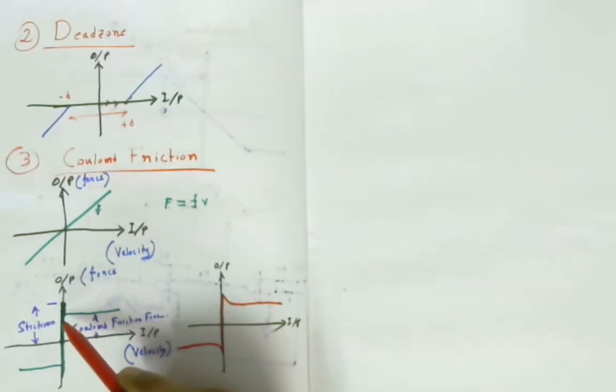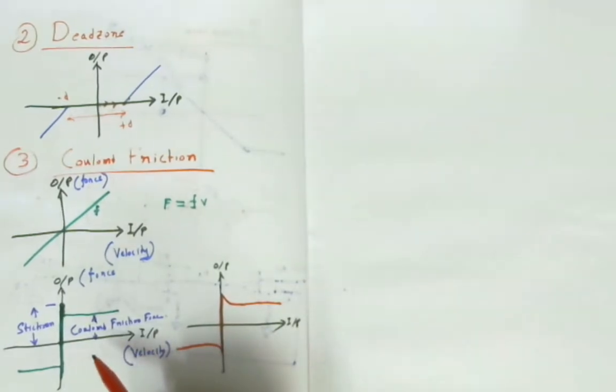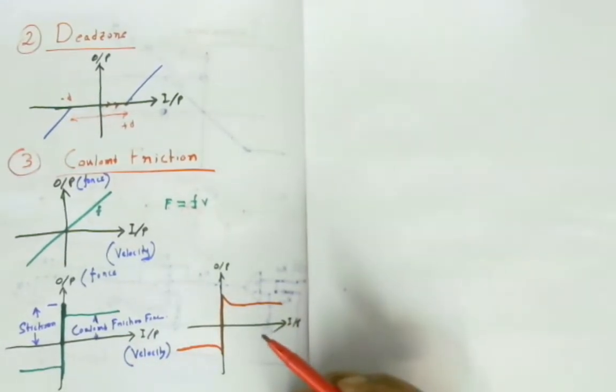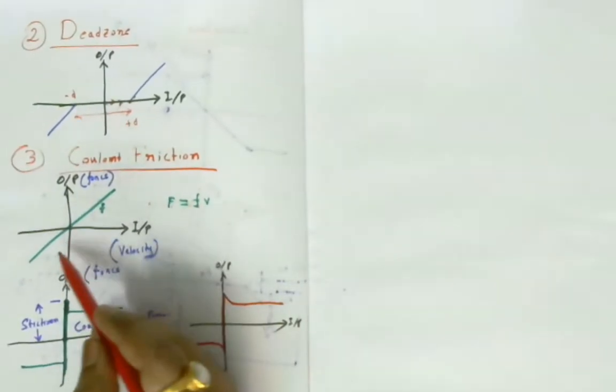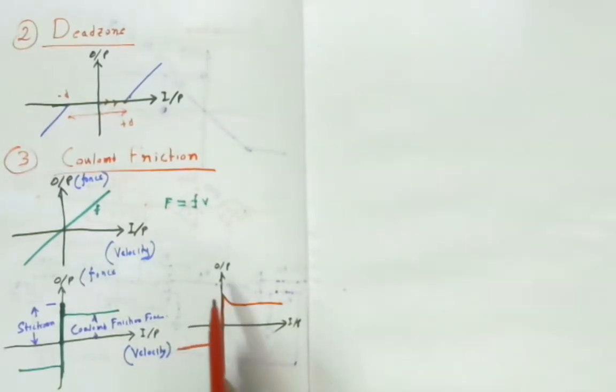So this characteristics curve as a whole is called stiction with Coulomb friction force. This curve is linear, but these two curves are not linear. This is no more linear, so it is a completely nonlinear characteristics curve. So this is called Coulomb friction force, which is another type of nonlinearity.